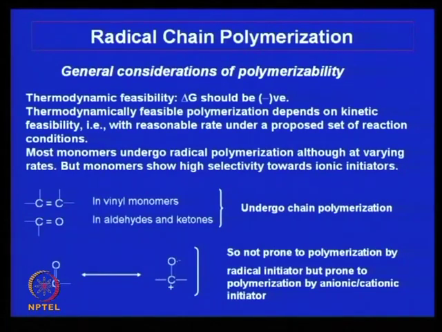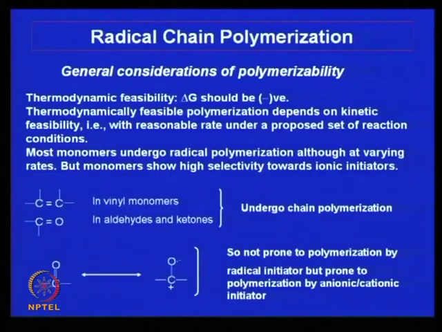You know, for any reaction to happen, it must have certain thermodynamic feasibility. Once the thermodynamic feasibility is achieved, then we must also consider its kinetic feasibility. That means, rate at which that reaction occurs to produce a polymer.